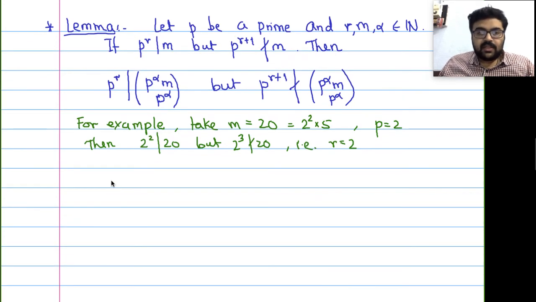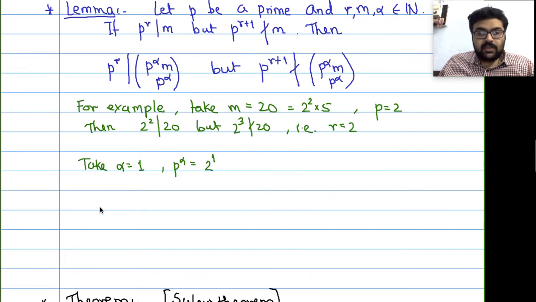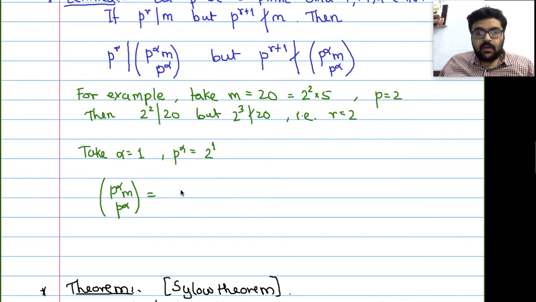Then consider this, n choose k. Take any alpha, let us say alpha equals 1. Then p power alpha is 2 power 1. So we have p power alpha m choose p power alpha, which is 2 power 1 into m, that is 20, choose 2 power 1.